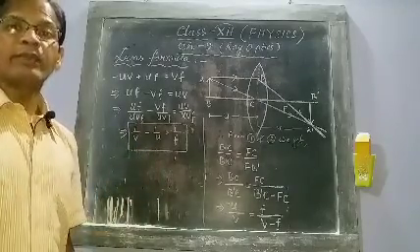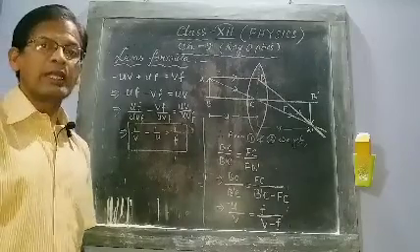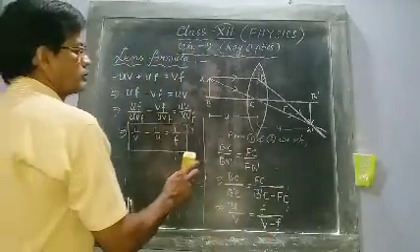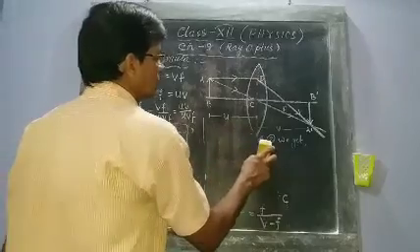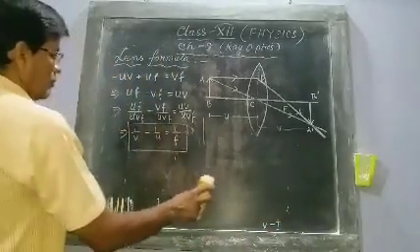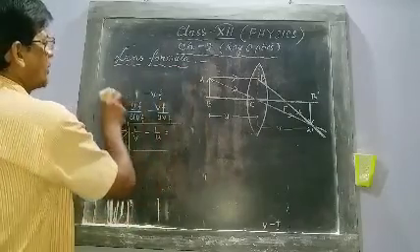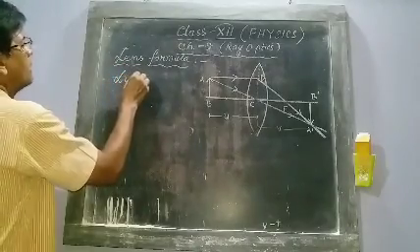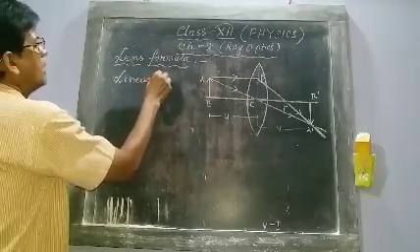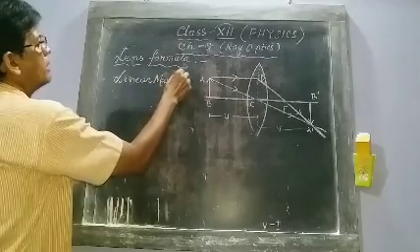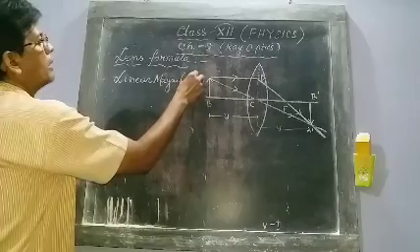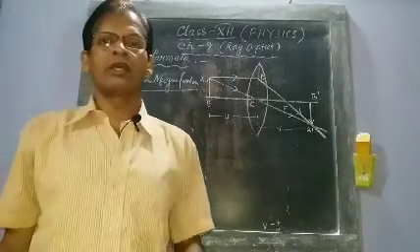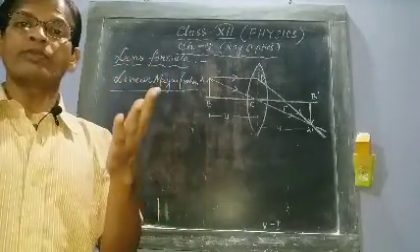Now linear magnification in case of a lens. Linear magnification is the ratio of the size of the image to the size of the object.